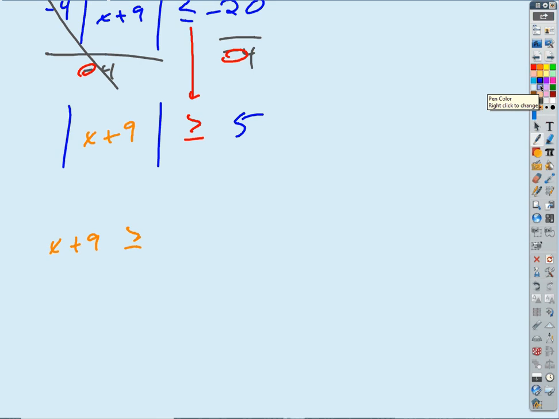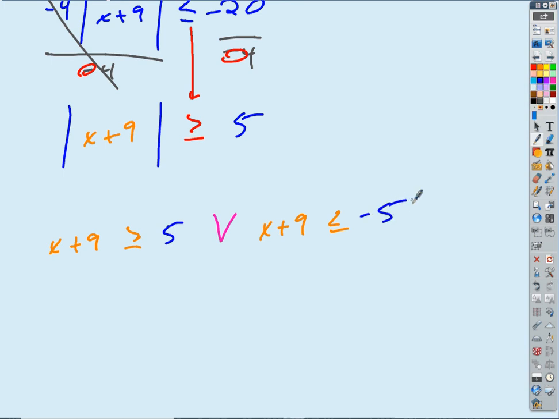We want further away than 5. So x plus 9 is greater than or equal to 5, or x plus 9 is less than or equal to -5, right?